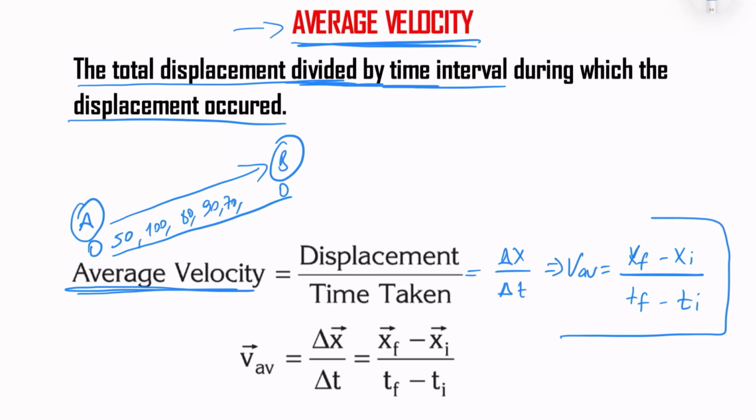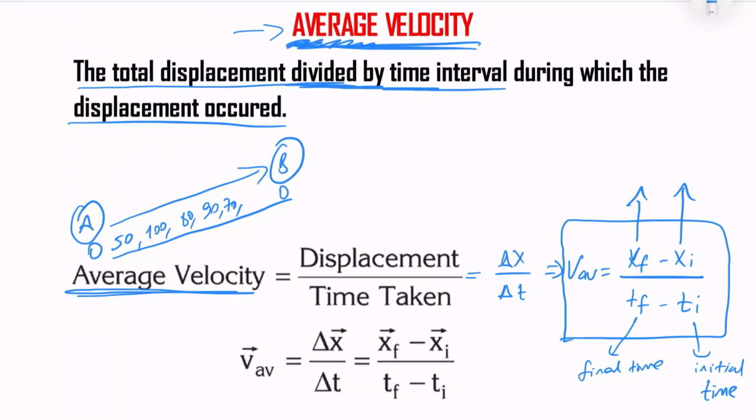This is the final position, this is the initial position, this is the final time, and this is the initial time. The unit of the average velocity is the same as the velocity. It's again meter per second.